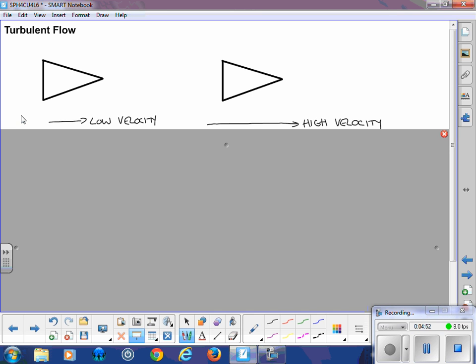So what happens at a low velocity? Well, we have all these parallel flow lines coming in. And what happens as it reaches that object, the lines that are closest that have to go around create an eddy swirl, we call them. All right.